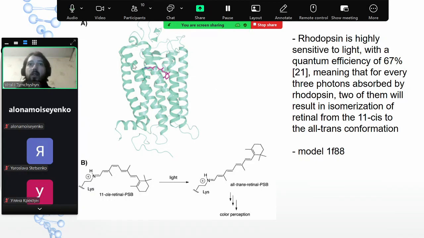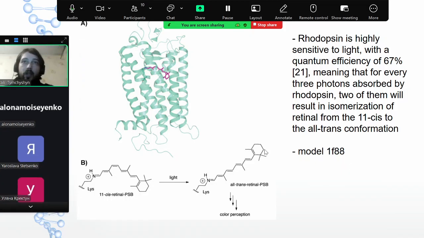Here is rhodopsin. It's highly sensitive to light. Its quantum efficiency is something like 67%, meaning that for every 3 photons absorbed by rhodopsin, 2 of them will result in isomerization of retinal from the 11-cis to the all-trans conformation. Here is the number of the model from the PDB database.